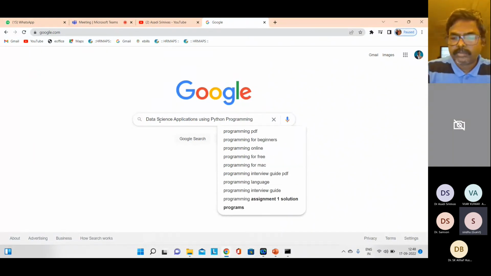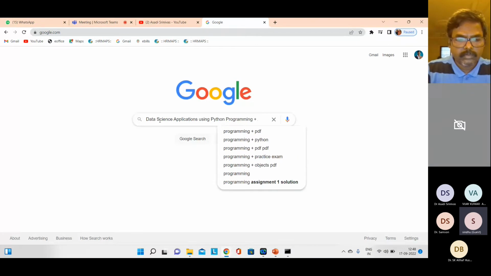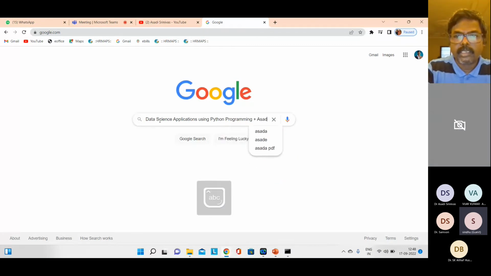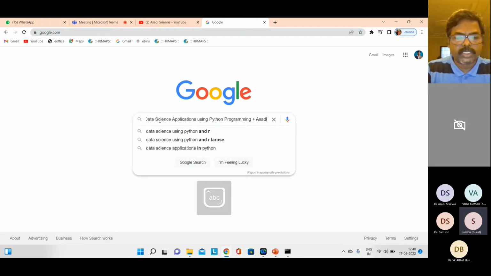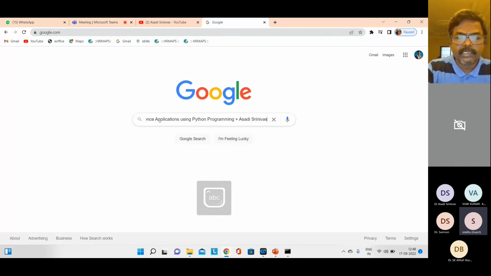You can type Asadi Srinivasulu and you will get the textbook. You can call it a generic textbook.